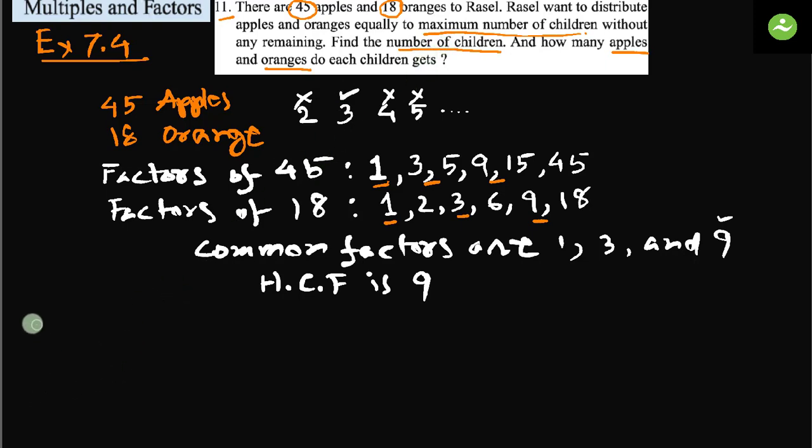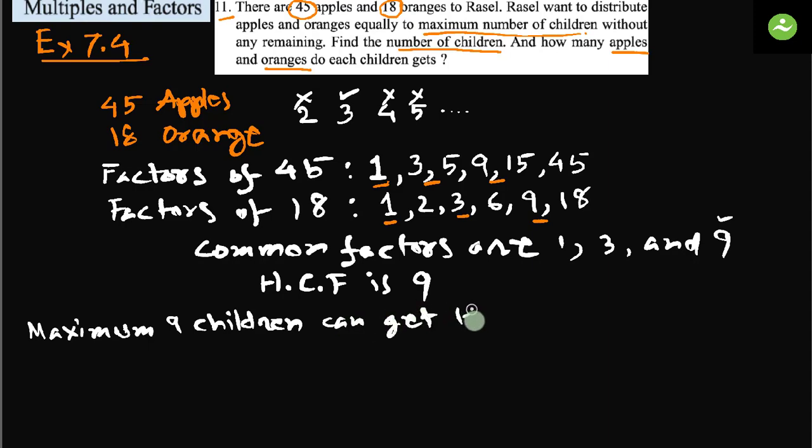Maximum 9 children can get the fruits. Then how many apples and how many oranges should they get?